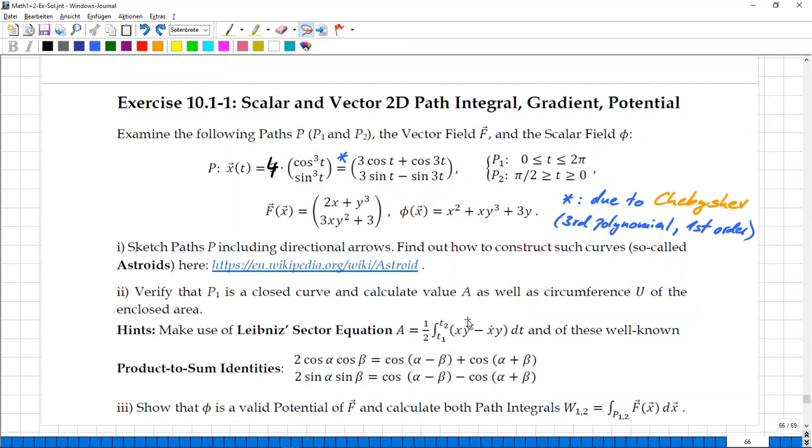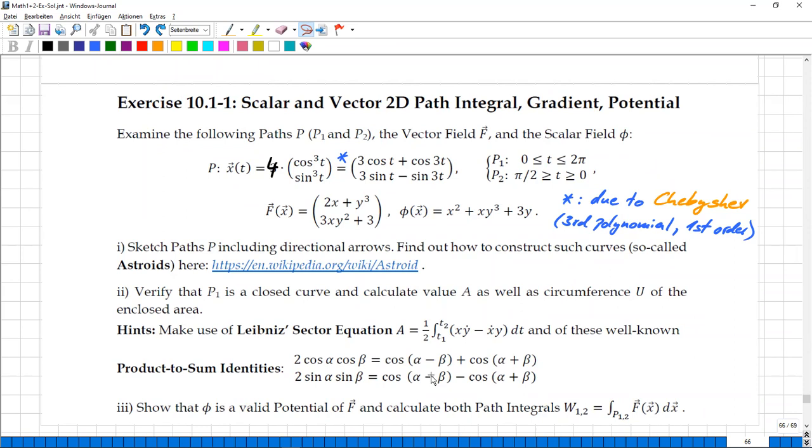Also, we have another hint here, which is a certain of the before mentioned product to sum identities for cosine and sine. You should know these two. They are probably the most famous ones for replacing a certain product of cosine or sine by sums or differences of special cosine terms. There are two more variants of this, but we only need these two.